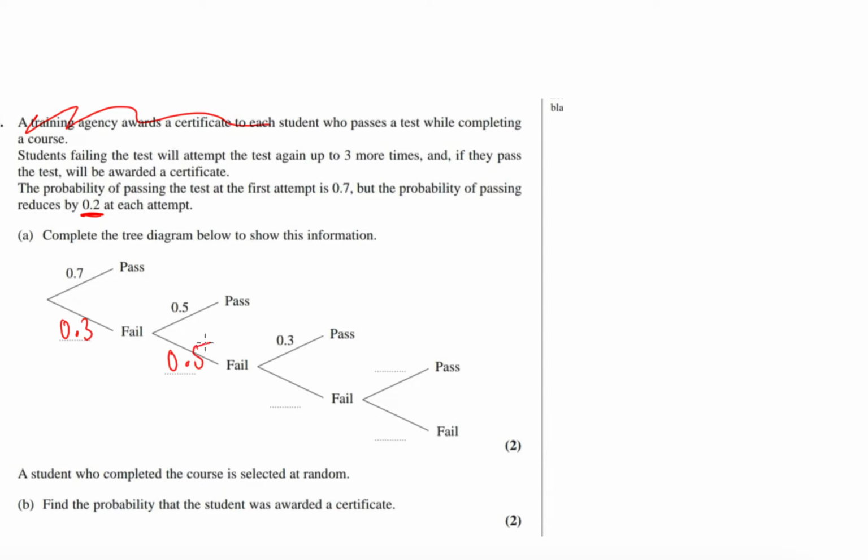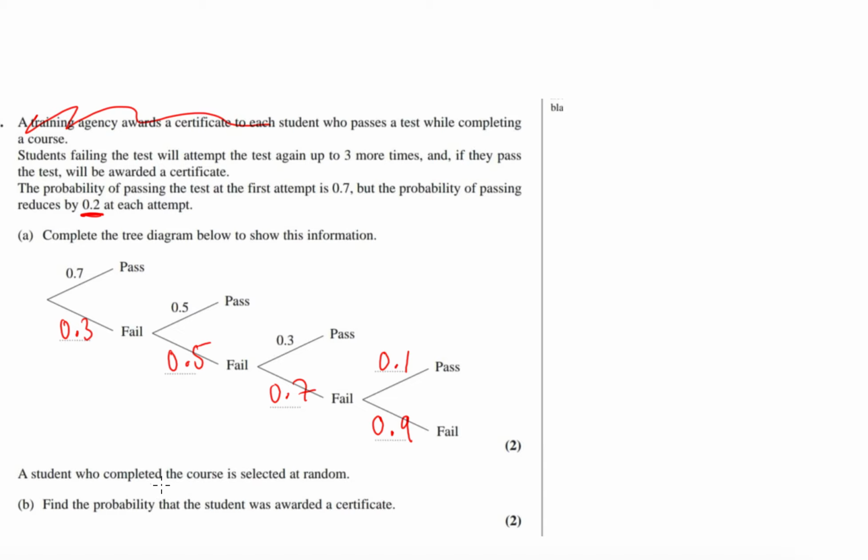We can also view it that the probability of passing has reduced by 0.2, so the probability of failing has increased by 0.2. Or an easier way to do it is just make sure that you know that each branch has to add up to 1. Okay, so we've got 0.7 here, and now the probability of passing has reduced by 0.2 again, so 0.3 take away 0.2, just 0.1, and we know it needs to add up to 1, so we have 0.9 here.